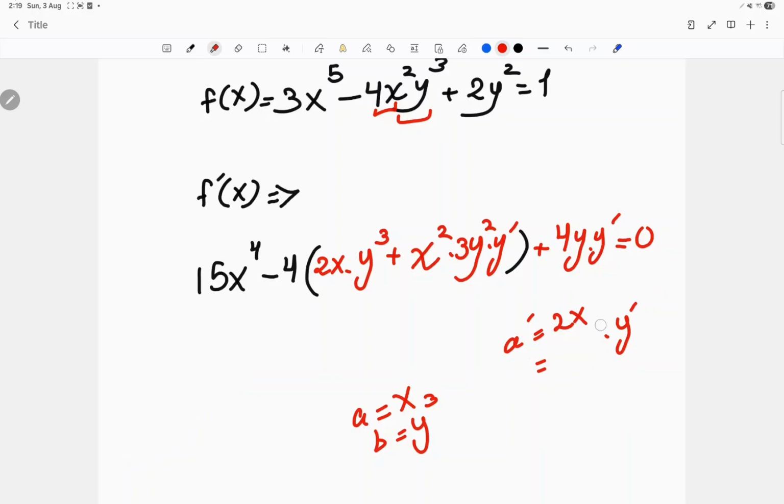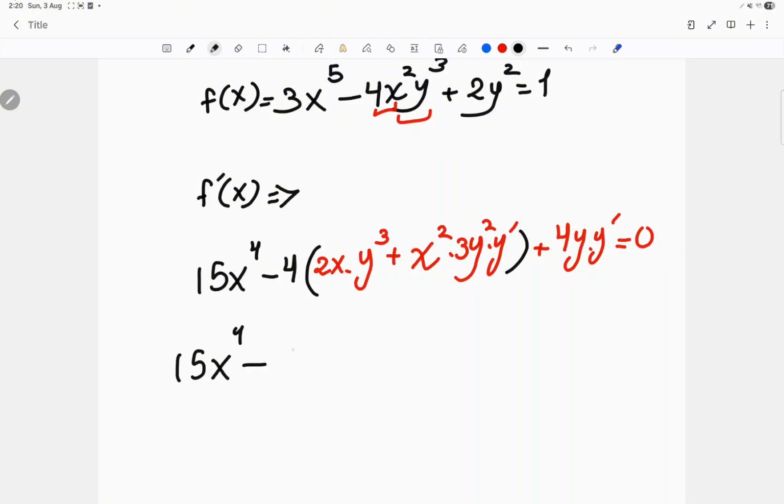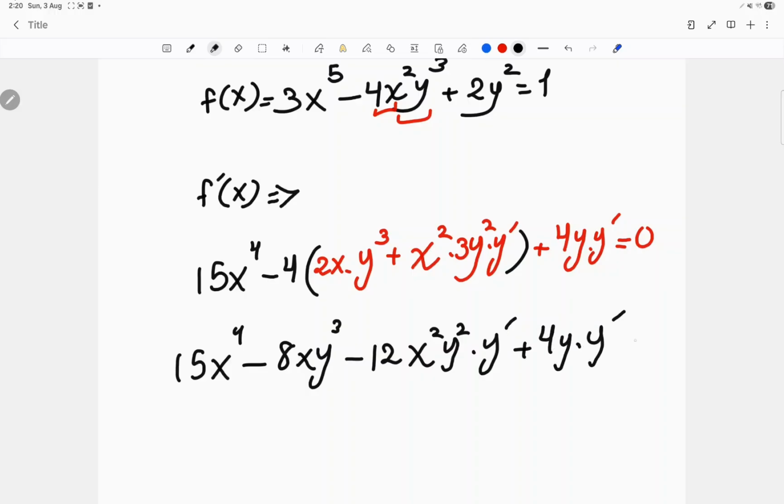It's kind of messy, but now it's about time to expand the brackets. So minus 8x y cubed minus 12 x squared y squared y prime plus 4y y prime is equal 0.